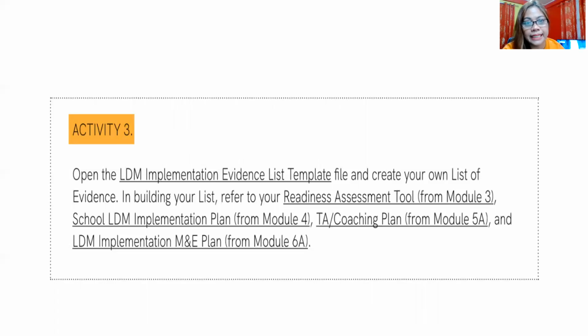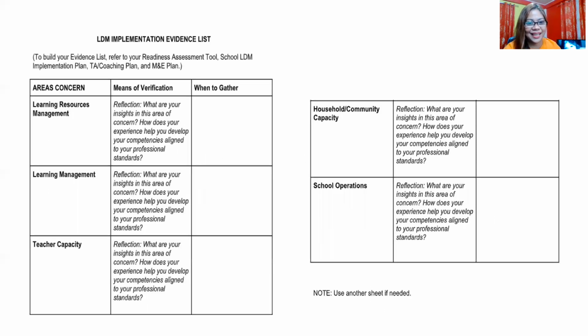In building your list, you have to refer to your different outputs like the readiness assessment tool from module 3, your implementation plan from module 4, your TA and coaching plan from module 5, and your LDM implementation M&E plan from module 6. Okay? And then this is now what your LDM implementation evidence list looks like.